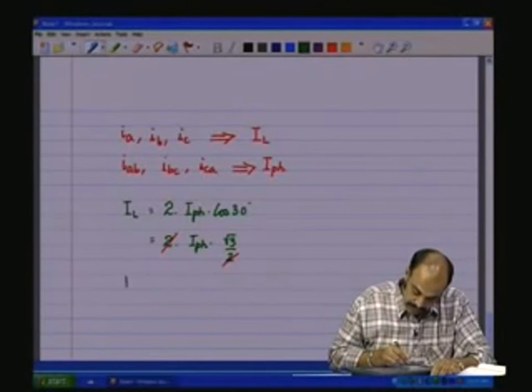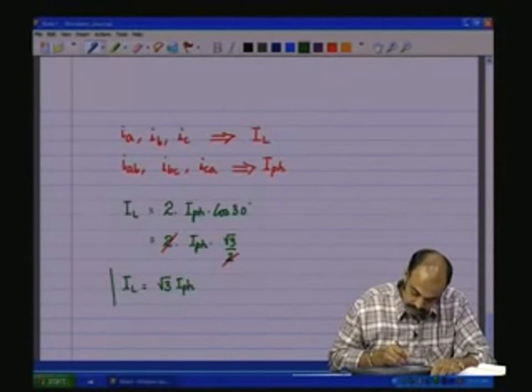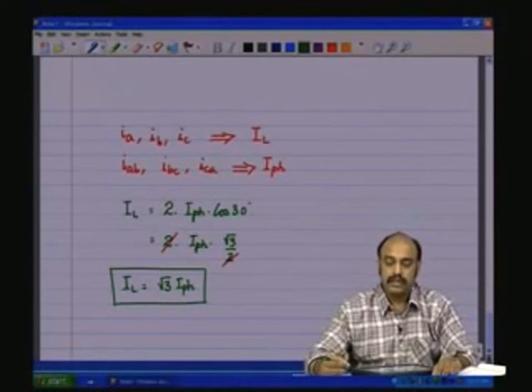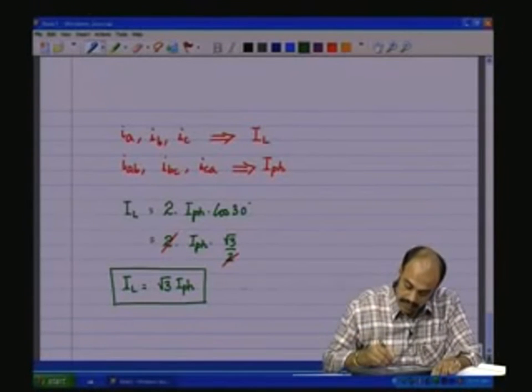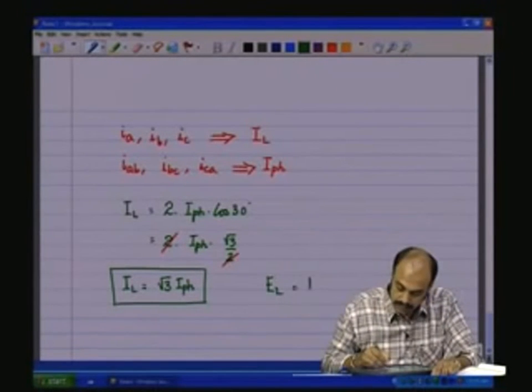So, we have the relationship IL is equal to root 3 I phase. Pretty important relationship. And here E line will be equal to E phase, because they are the same.